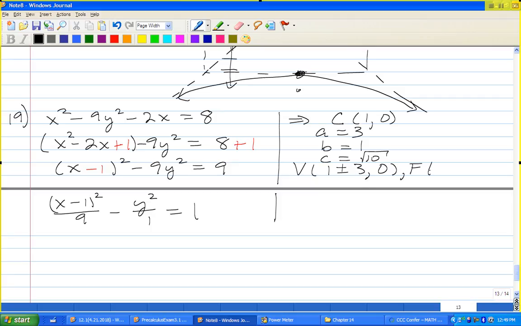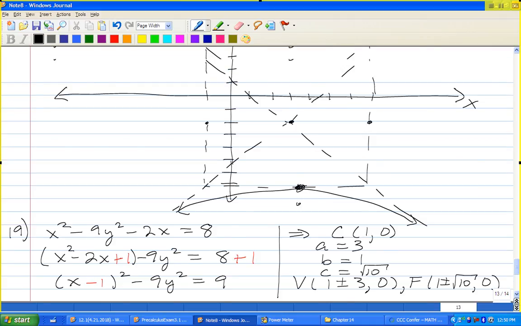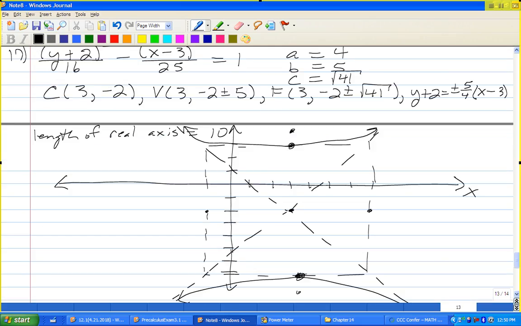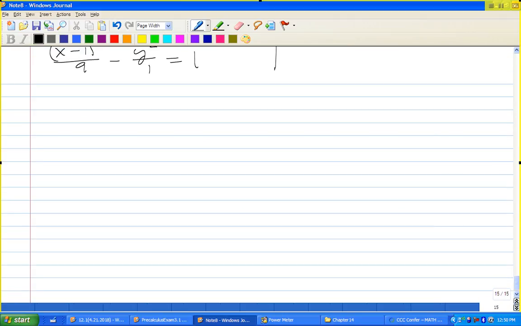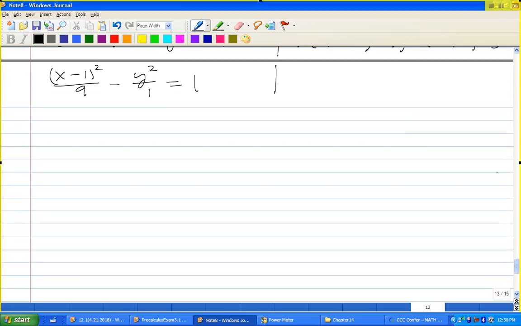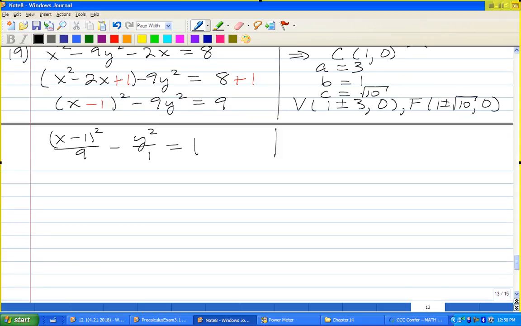The foci are at 1 plus or minus rad 10, 0. The asymptotes y is equal to plus or minus 1/3 x minus 1.